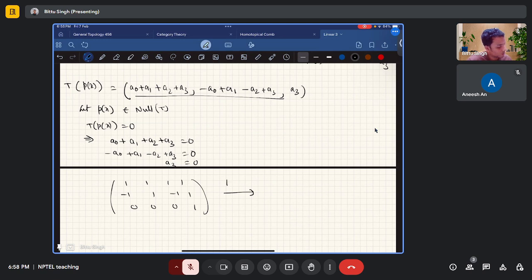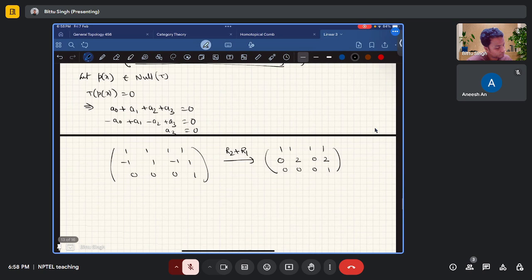Apply R2 plus R1. This will give us 0 2 0 2 in the second row, and 0 0 0 1 in the third. Then half of R2 gives 0 1 0 1. The above is the same, and this is also the same. Then R1 minus R2, so that this vanishes.